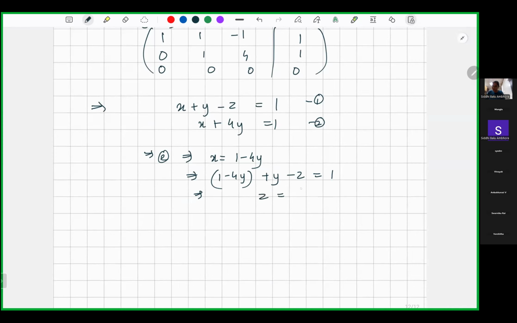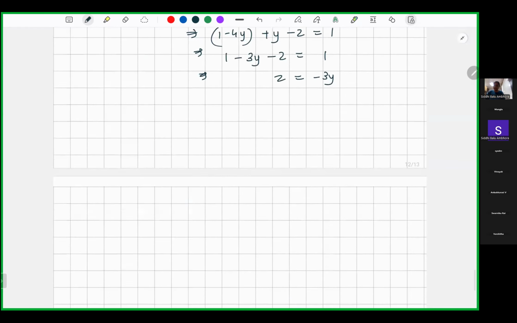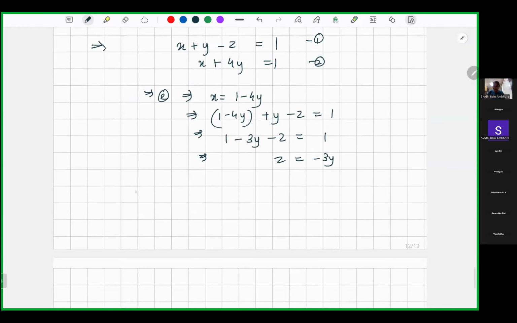Let me write this first: 1 minus 3y minus z is equal to 1. This will give me z is equal to minus 3y. Okay, and this is the infinite solutions which we wanted.